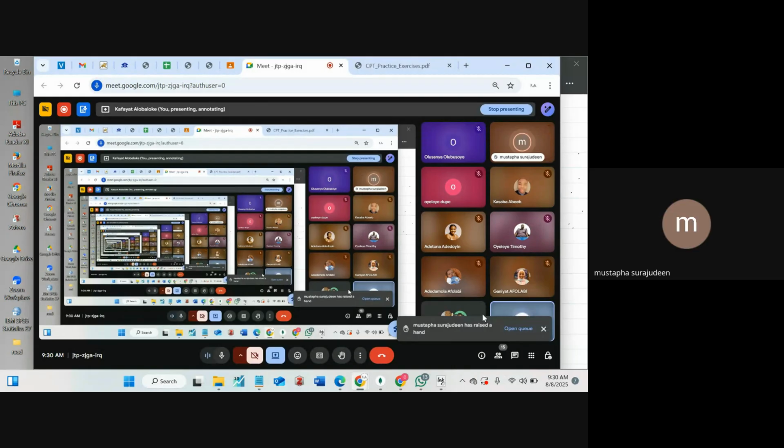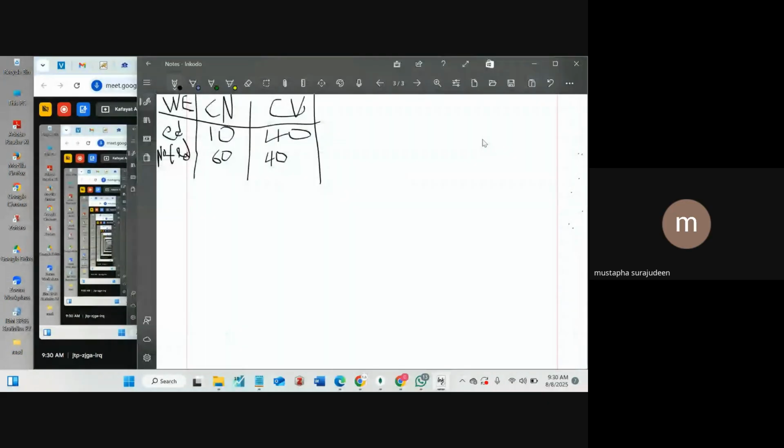If you look at the first row, that is 10 and 40, maybe it is because it is not summing to 1. If you add the 10 plus 40, it is not giving us 1.